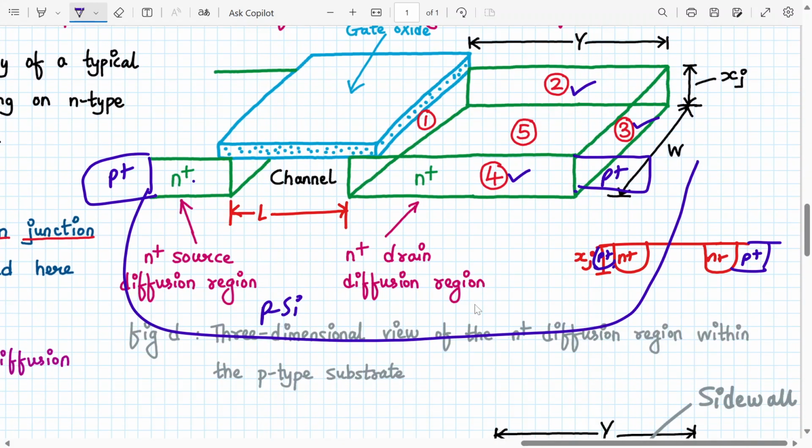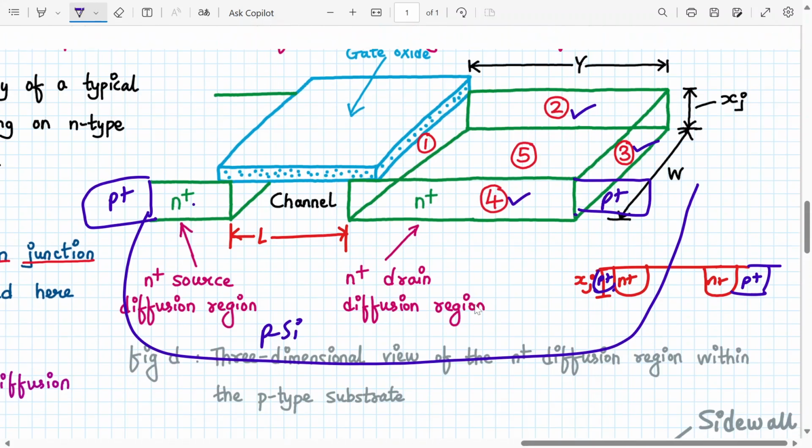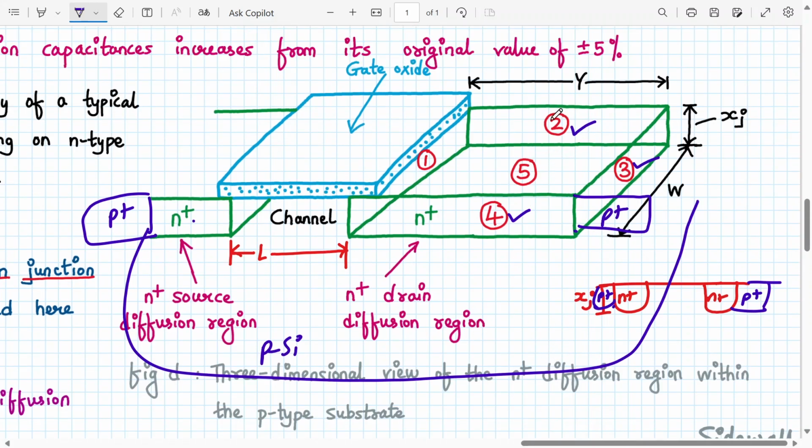This n plus is surrounded by the p plus channel stop implant. Explain how. Out of 1, 2, 3, 4, 5, junctions 2, 3 and 4 are surrounded by the channel stop implant.